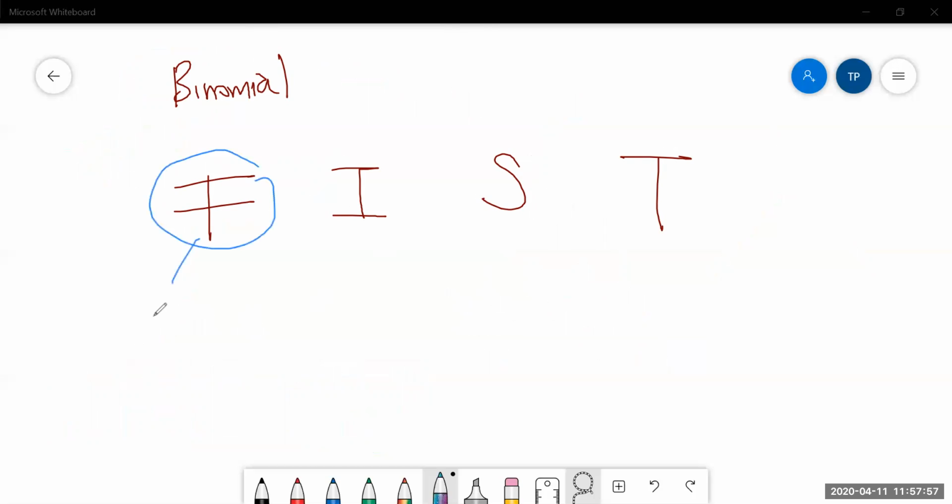F represents that there must be a fixed number of trials. What does trials actually mean? Trials basically just means the number of times it happened, the total number of times it can happen.